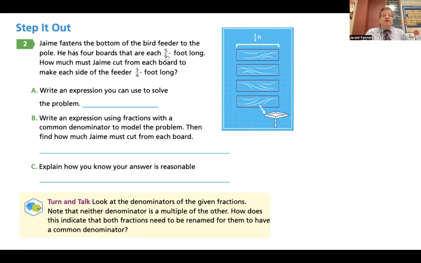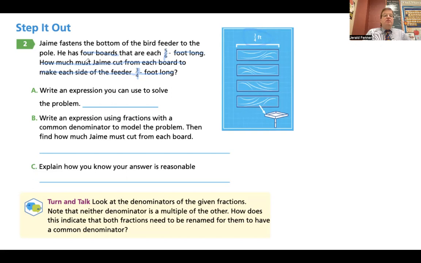Okay, so first let's identify what the problem is. How much must Jamie cut from each board to make each side of the bird feeder 3/4 foot long? Okay, so he has 4 boards that are 5/6 foot long, and he wants to make them 3/4 foot long, and this is just to validate that information.